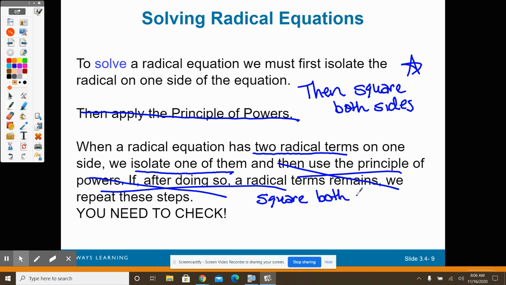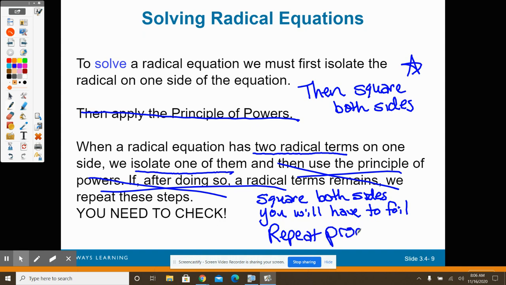You're going to have to FOIL, and you're going to hate it. And then repeat the process, because you're going to get another square root. Okay, so let's look at these. You will need help on some of these homework problems, but the more you practice, the better you'll be.